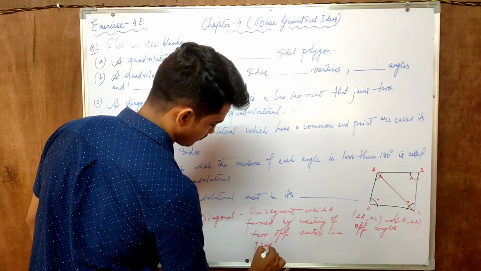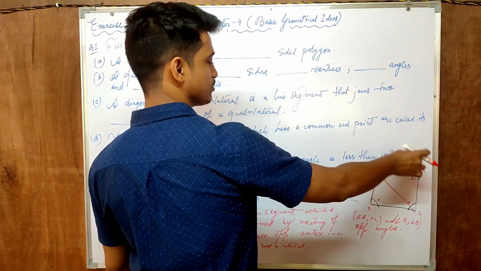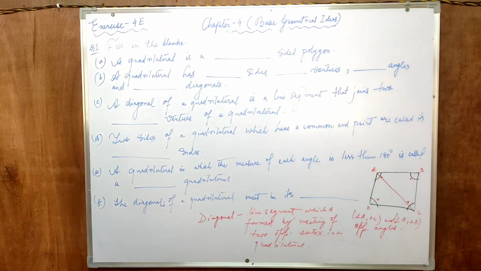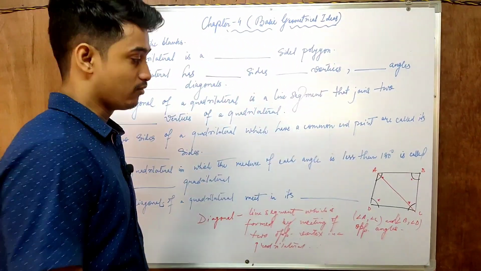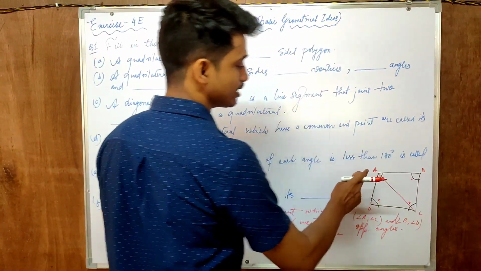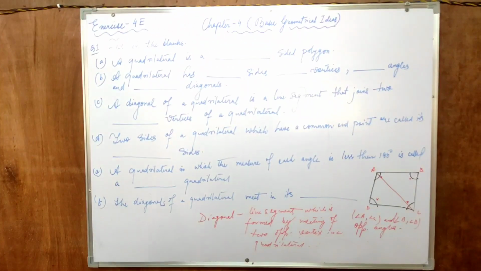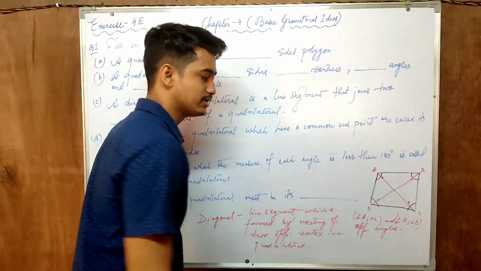You know what a vertex is. Vertex means where two line segments meet at a common point. So this point is called a vertex. Here A and C are opposite vertices, and when the line joins these two vertices, this line is called a diagonal. One more diagonal will be created. This is the other diagonal.